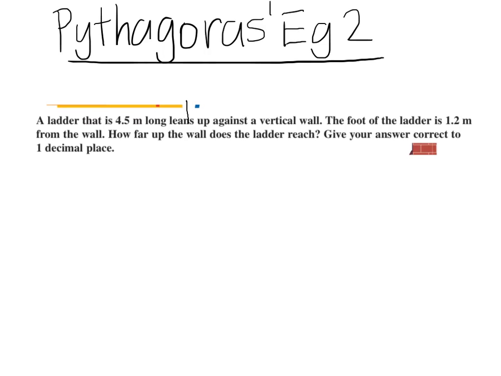So once again, we need a diagram. And this time, we're being given the length of the ladder. It's leaning up against a wall. Okay, so we've got, here's the wall, and we know the ladder is 4.5 metres long.